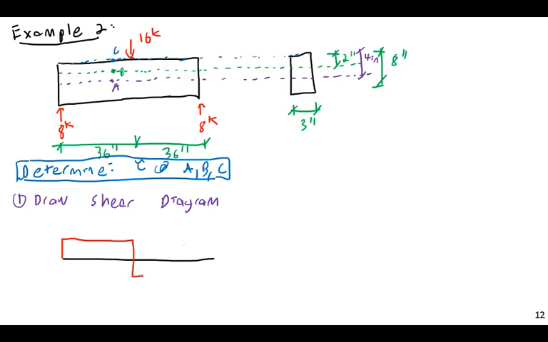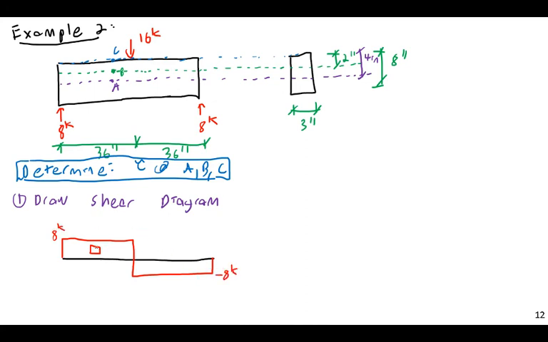like this. A, B, and C are well within the left portion of the beam. So this will be a value of 8 kips and negative 8 kips.